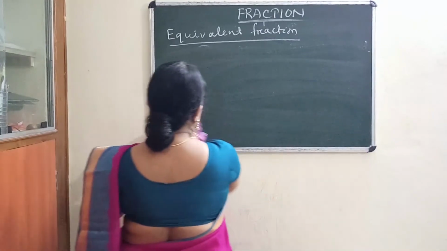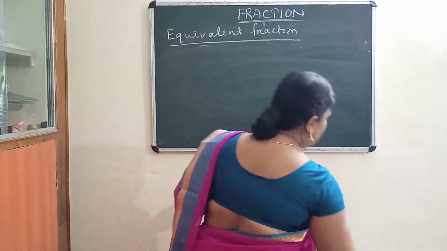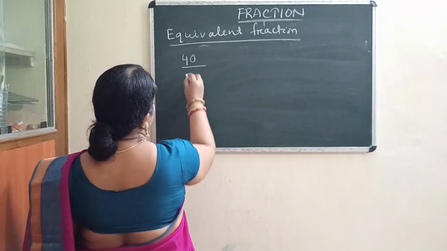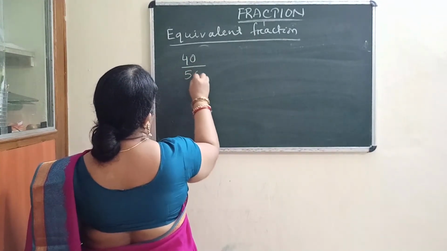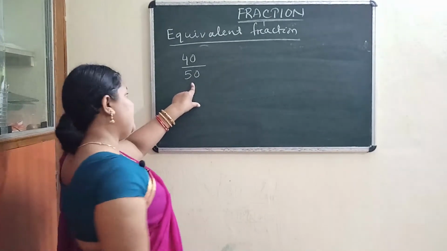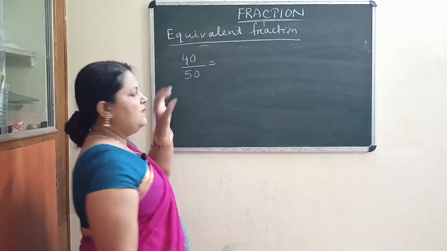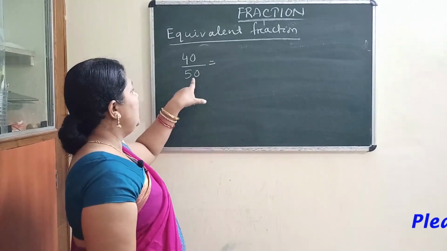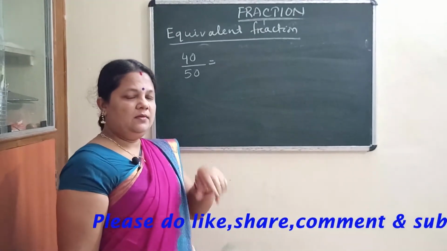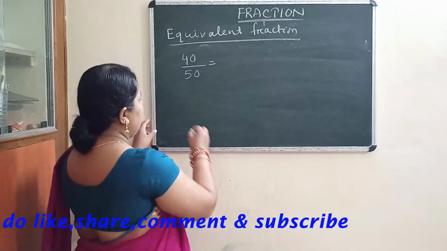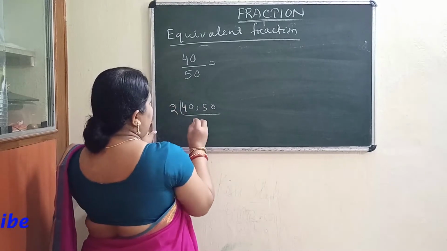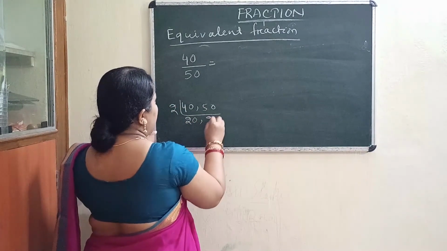Then what about division? It's given, multiply or divide. Suppose given 40 by 50. Find the equivalent fraction of 40 by 50. So in this case what you will do? You have to find out the HCF. We have already discussed HCF. How to find out HCF? 40 and 50. Find the HCF. If you are dividing by 2, it's coming 20, 25.